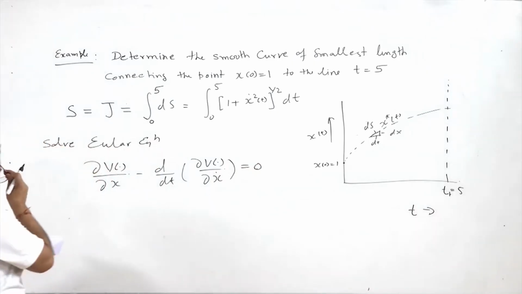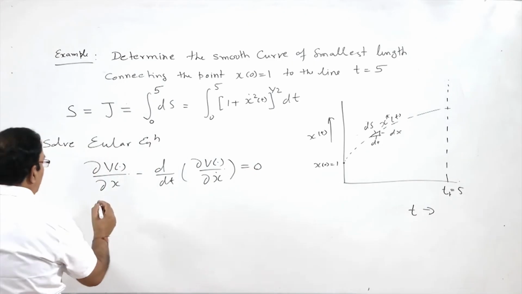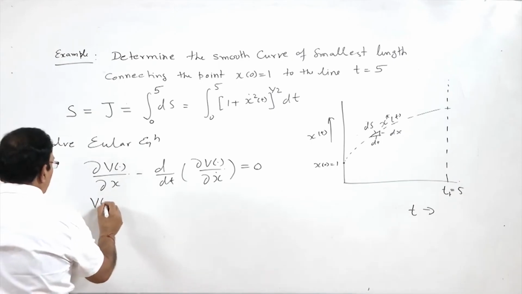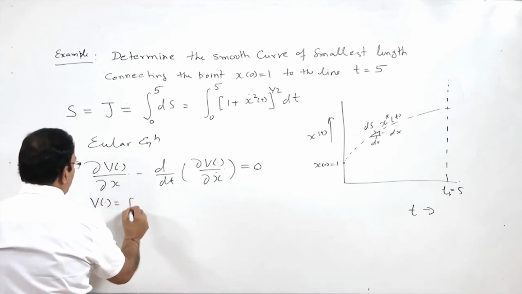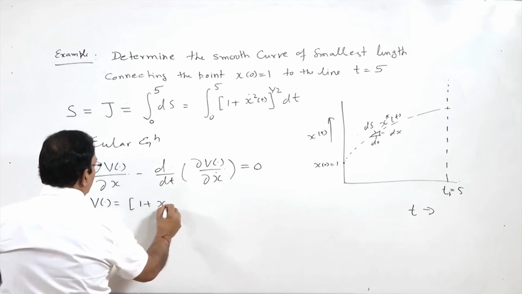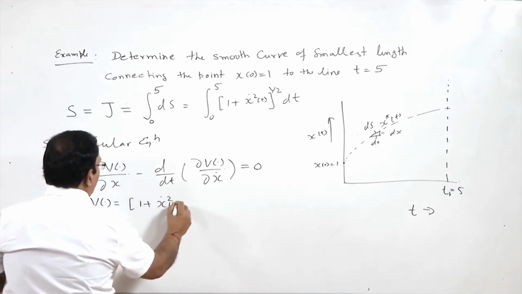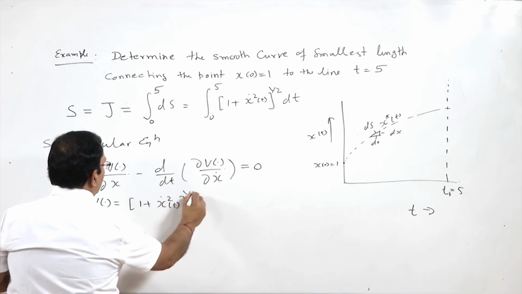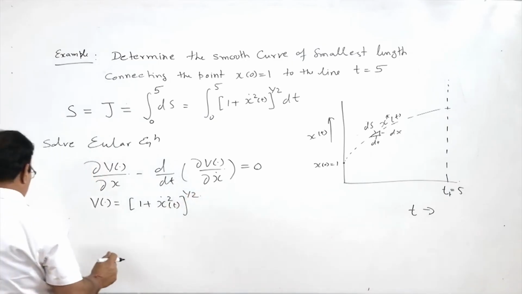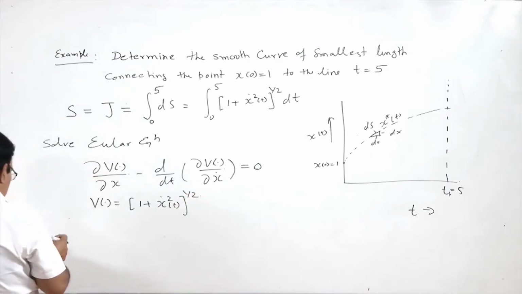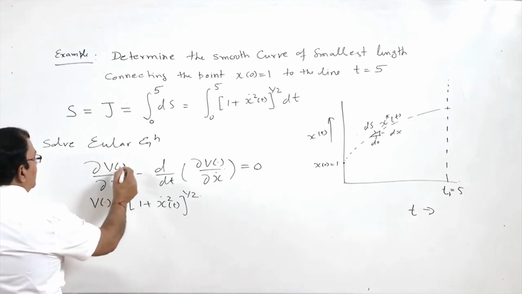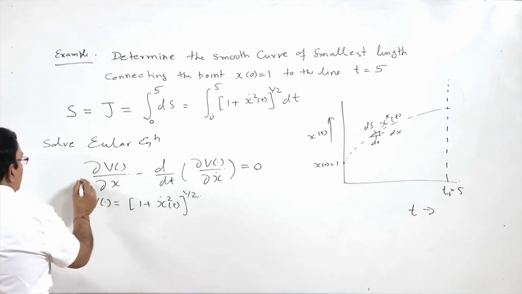In this case I am given V, which is nothing but square root of 1 plus x dot squared t.